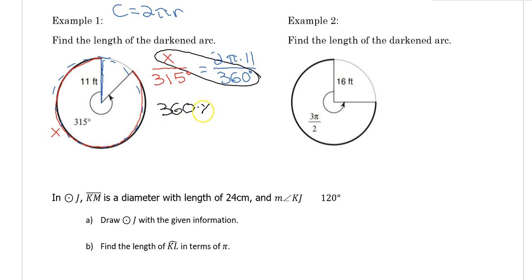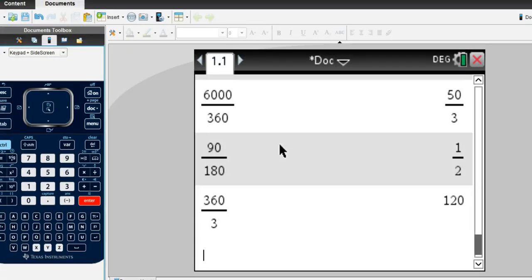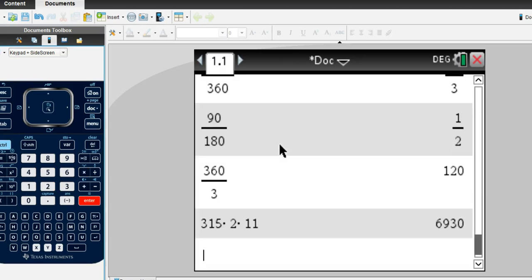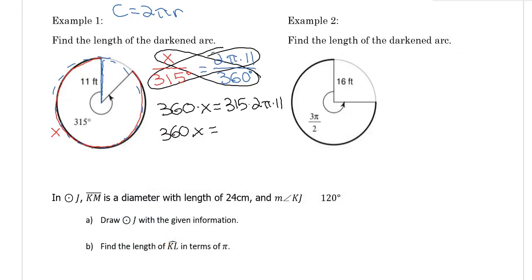So I have 360 times x equals 315 times 2 pi times 11. This gives me 360x equals, when I multiply 315 times 2 times 11, I'm not going to type in my pi, I get 6,930.